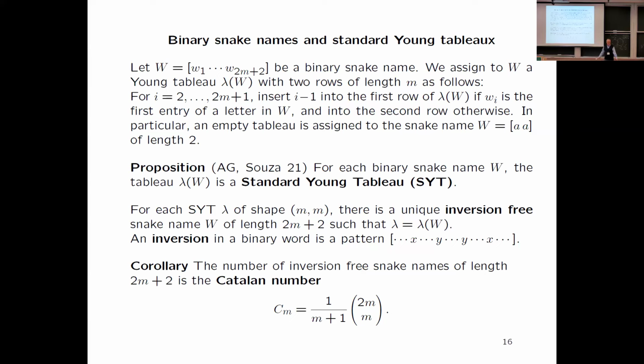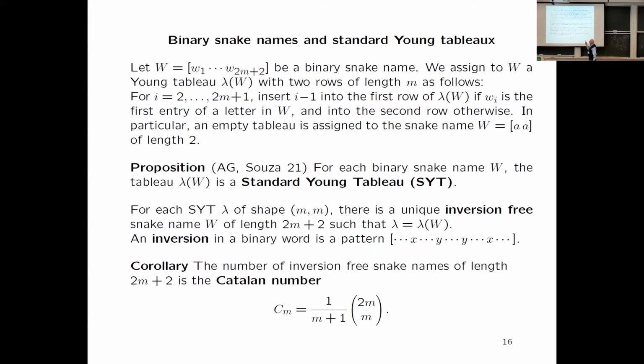So the statement is that for any binary snake you can find a Young tableau. You can define it, and it's always a standard Young tableau. But among those snakes that give you the same standard Young tableau, there is exactly one non-crossing.